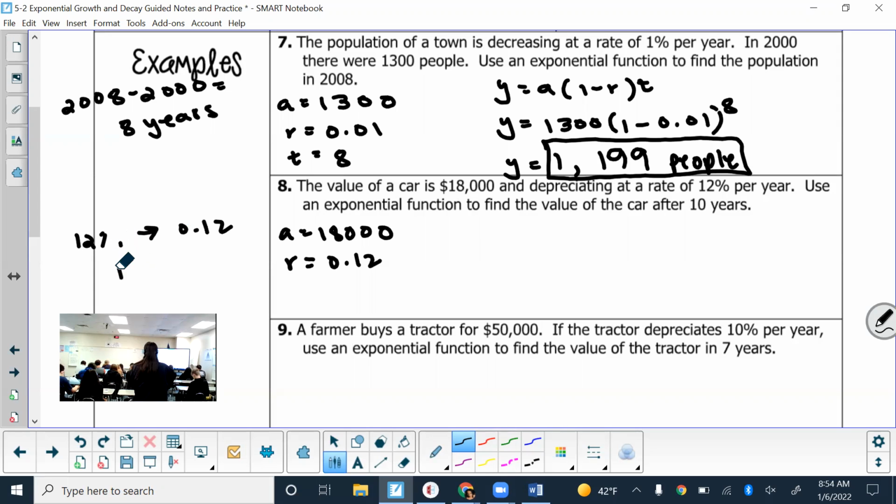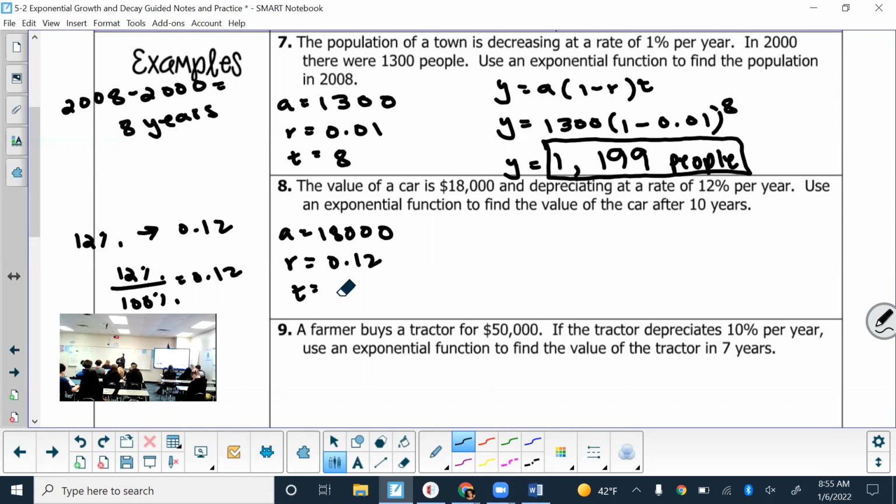All right. And if you're ever not sure, because I always doubt myself during a test, I have to check things 10 times. 12% divided by 100% gives you 0.12. That's how you convert percents to decimals. Questions about that? And then what is T?